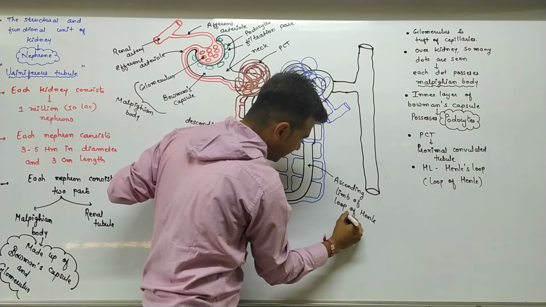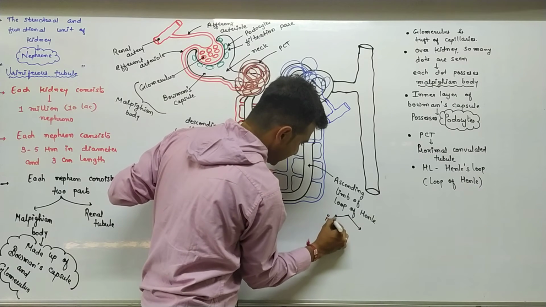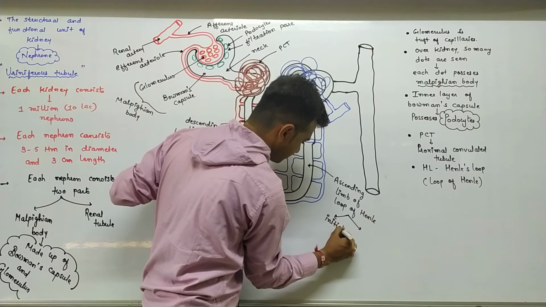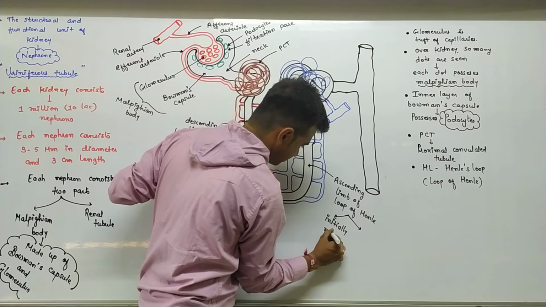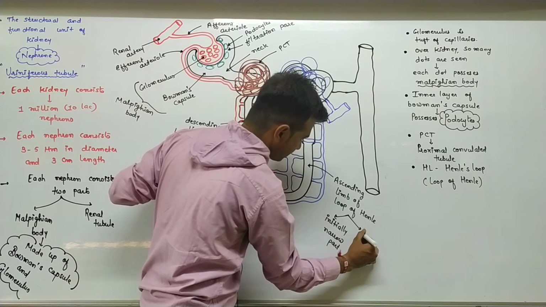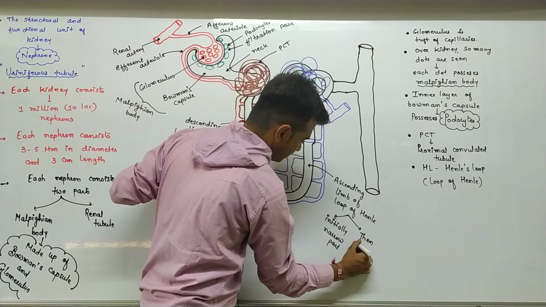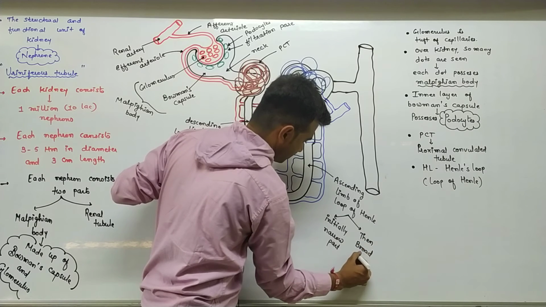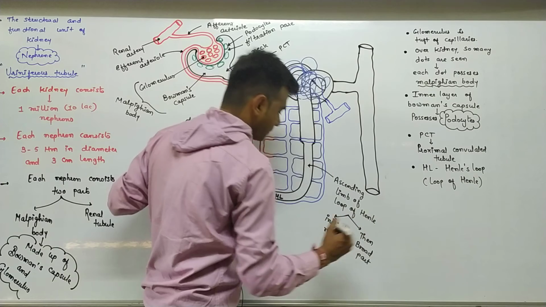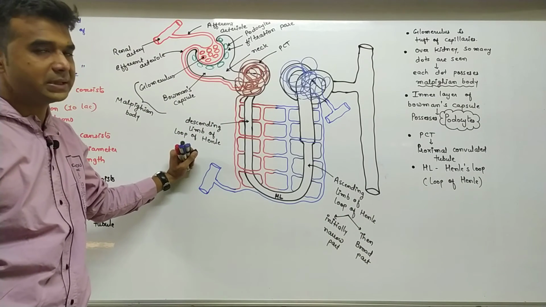So the ascending limb possesses initially the narrow part and then the broad part.